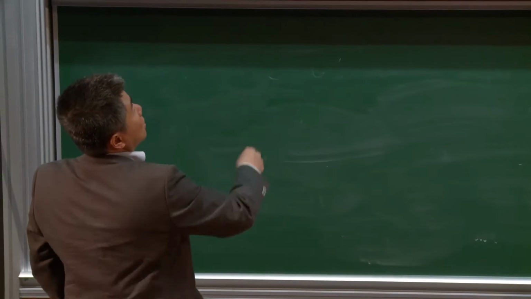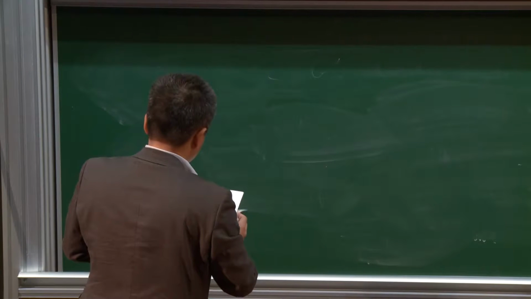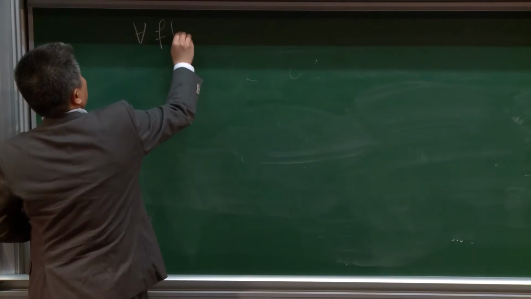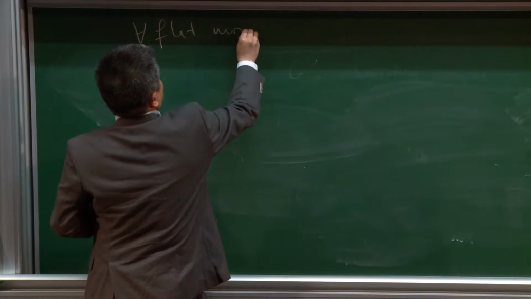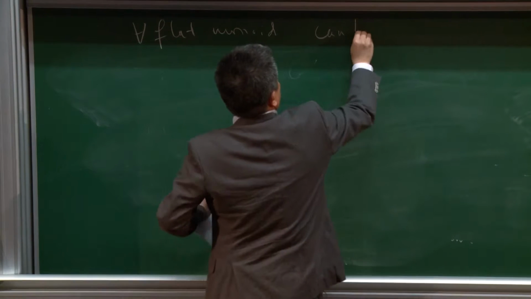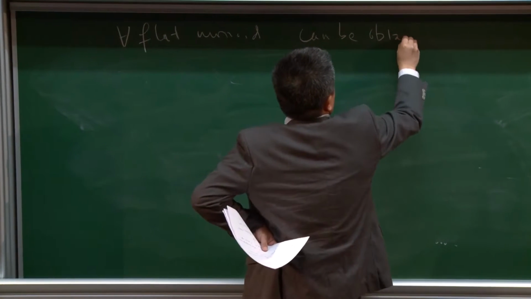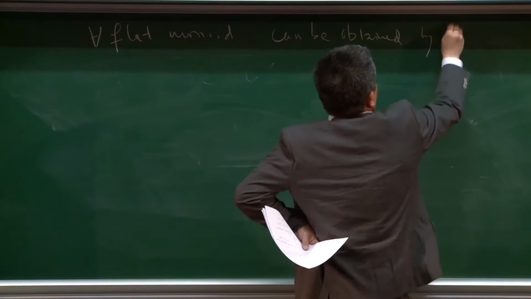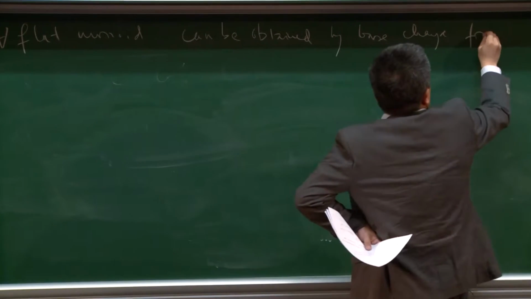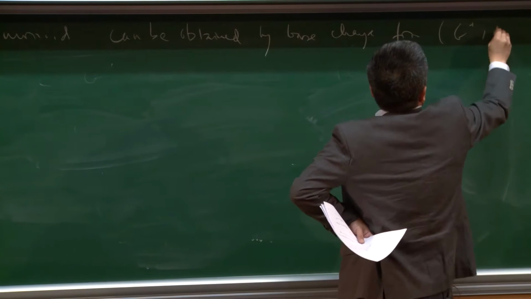So what Vinberg proved is that this is universal in the sense that every flat monoid can be obtained by base change from G plus and M plus.